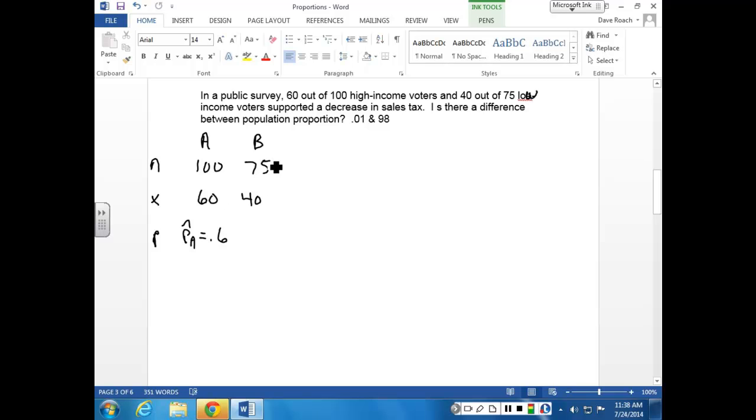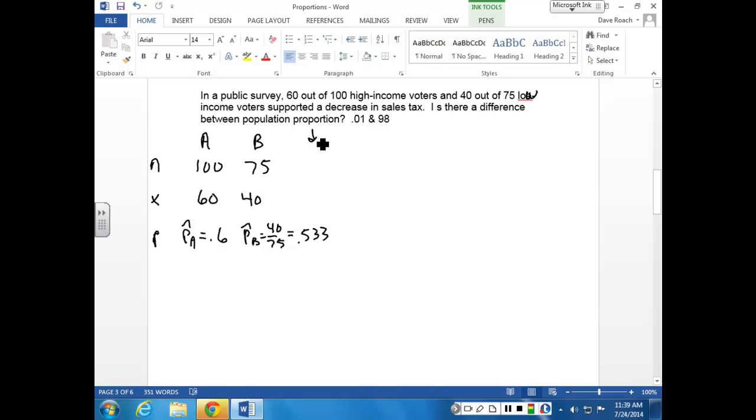Now that I think of it, it might have been easier to put the X on top and then the N. P hat B is going to be 40 out of 75, and I'm going to carry that out to 0.533. Make sure you leave some space right here. We'll need it when we get to the hypothesis test.